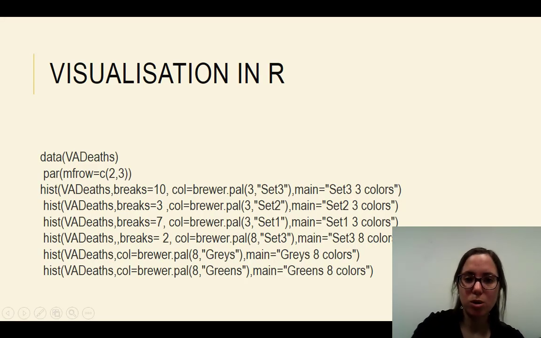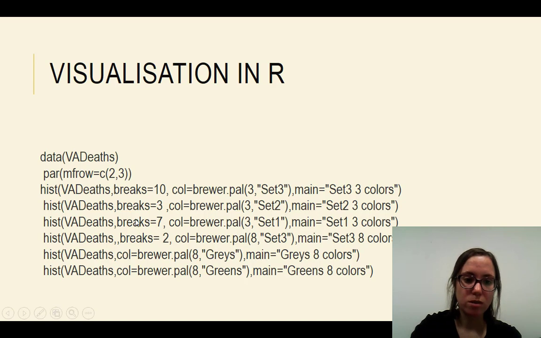Let's look at an example of how we can visualize with R. Below we can see the script. It says that our data is taken from the data source named VA death. We want to have 2 rows with 3 graphs in each row.